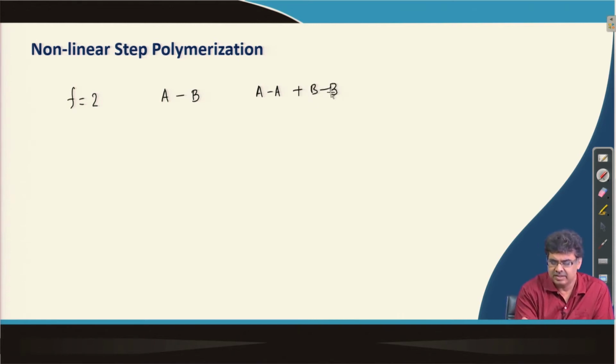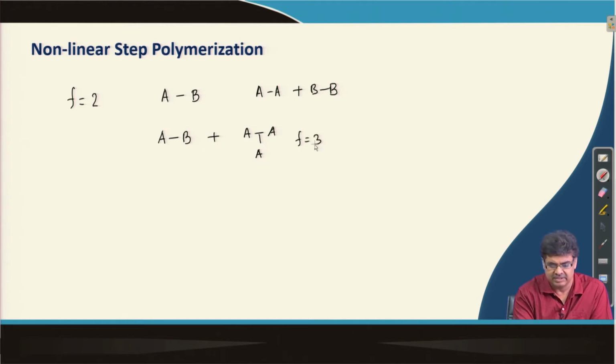Now, in case we have a monomer with functionality greater than 2, for example, if we take a monomer having f is 3. So, f is 3 in this case.